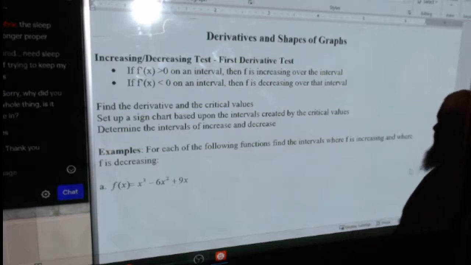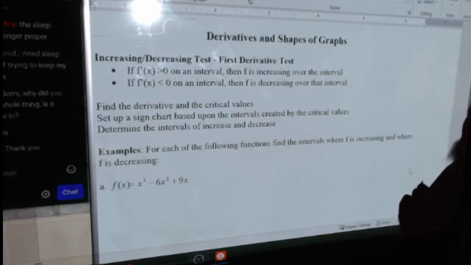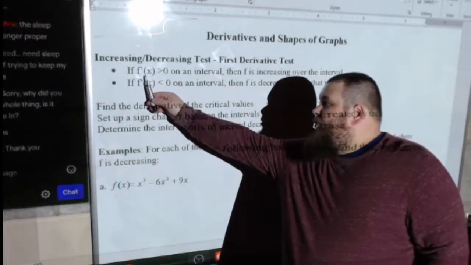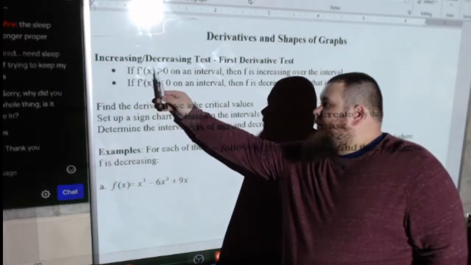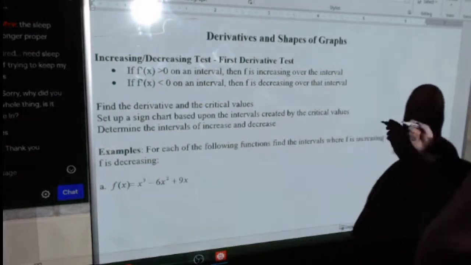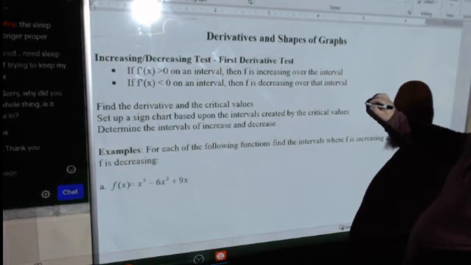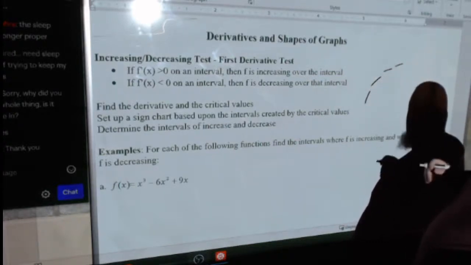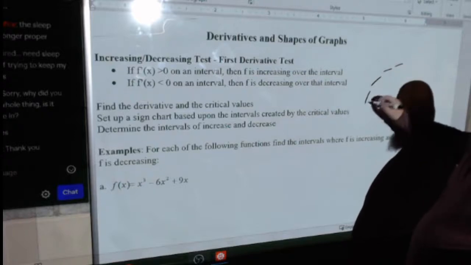So what does that mean? Well, if you think about it, f prime is the slope of the tangent line. And if it's greater than 0 or positive, we all know that positive slopes look something like this. So I just made a curve here.